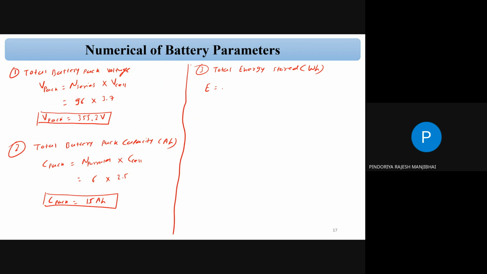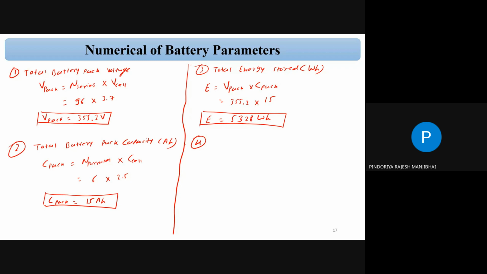E equals V peak into C peak. V peak we got 355.2 and C peak we got 15. So E is equal to 355.2 into 15, which is 5328 watt hour, correct? So this is your total energy stored.